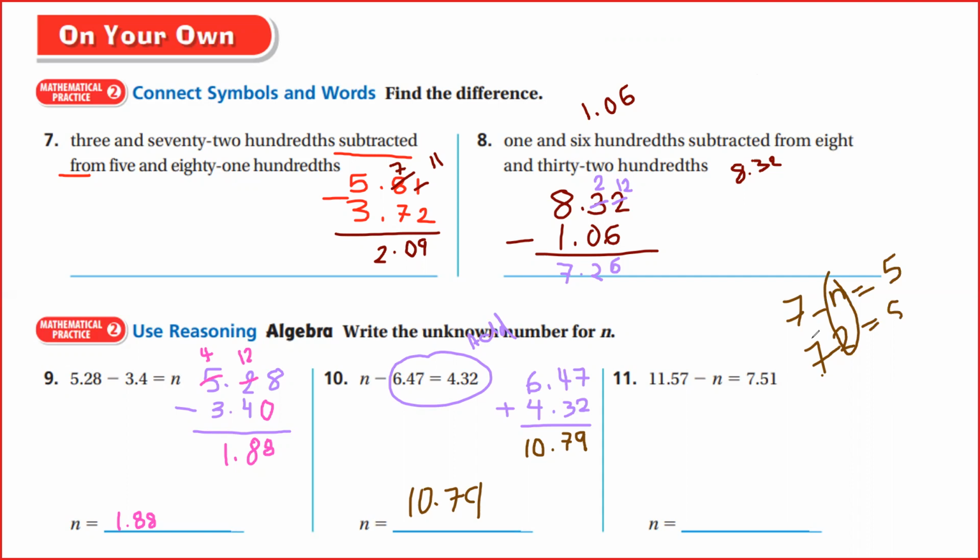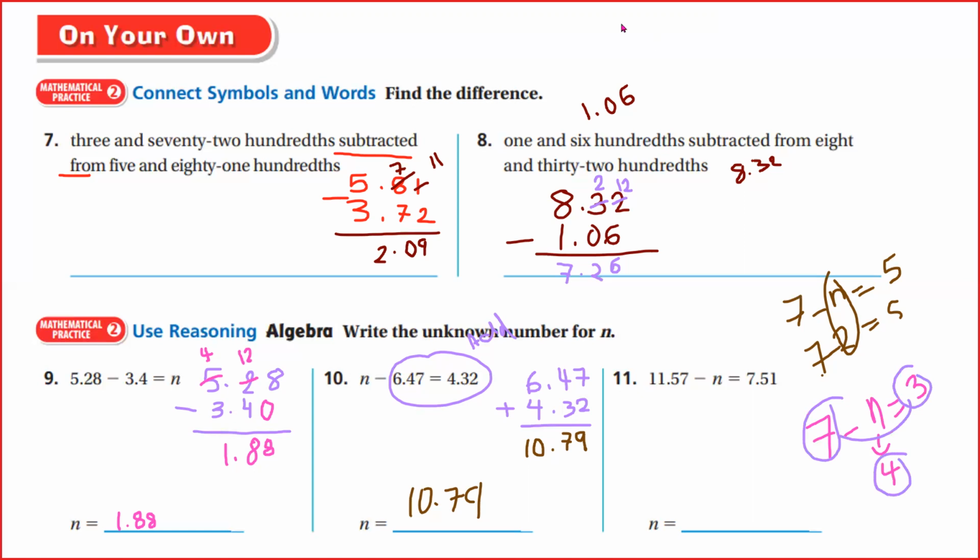Another example. If you have 7 minus n is 3, how do you know the value of n? It will be 4. How do you know that it is 4? Because you subtract 7 minus 3, you get 4. Is that right? Yeah.